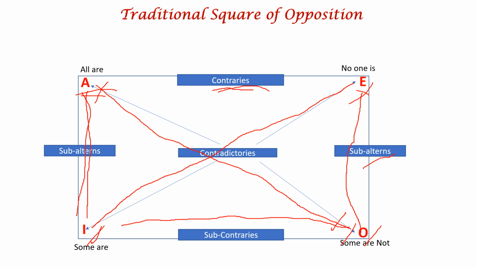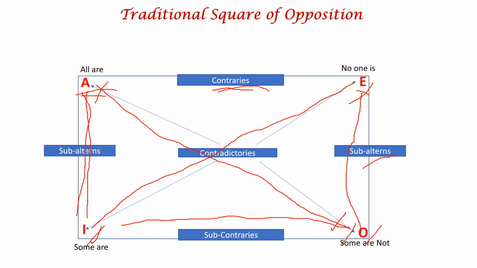But if A is false, then nothing can be said about I. In the same way, if I is false, then A is false. Why? Because false goes upwards. Same relationship exists between E and O. That is, if E is true, truth goes down, O is also true.